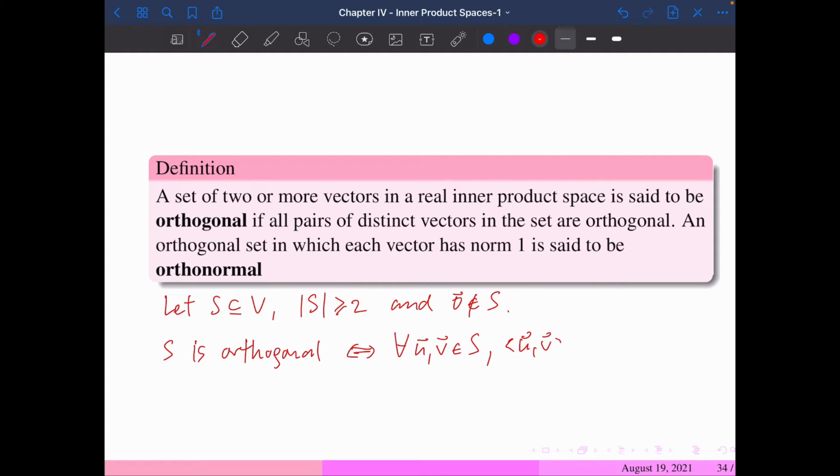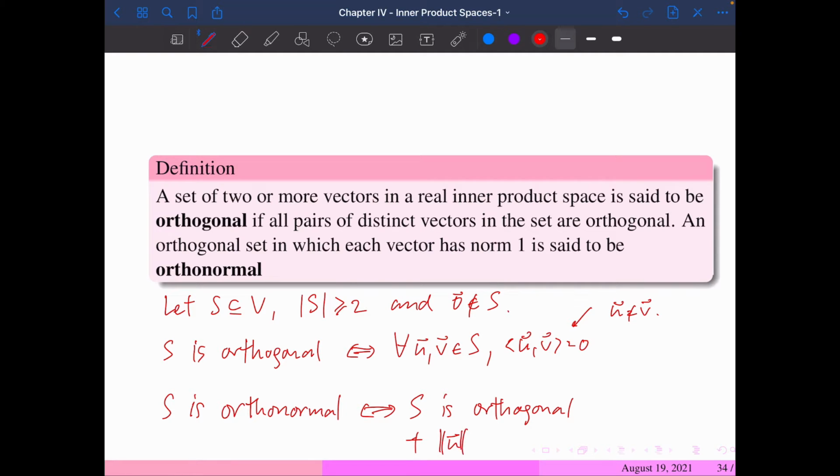This holds with the condition that u is not equal to v. And S is an orthonormal set if and only if S is orthogonal and, in addition, the norm of u is equal to 1 for all u in the set S. How do we find the norm?